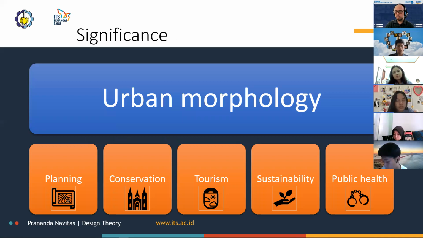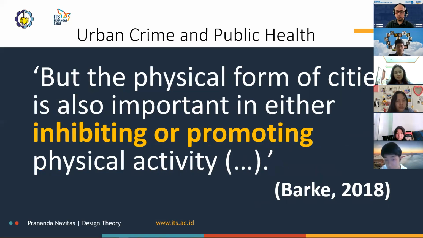Finally, urban morphology and public health. Bach argued that the physical form of cities is a determining factor in either inhibiting or promoting physical activity, or the lack thereof.